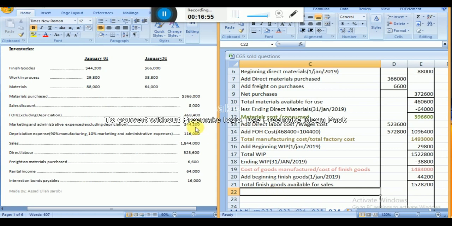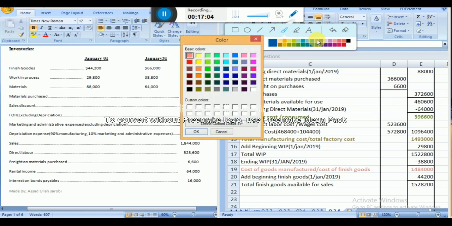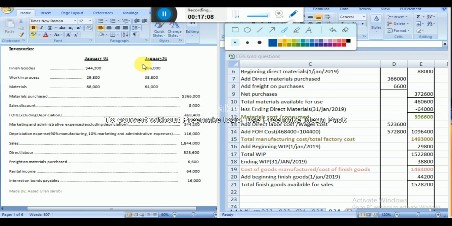So yes, if we check our record, our record shows that $66,000 finished goods remain unsold in the month of January.